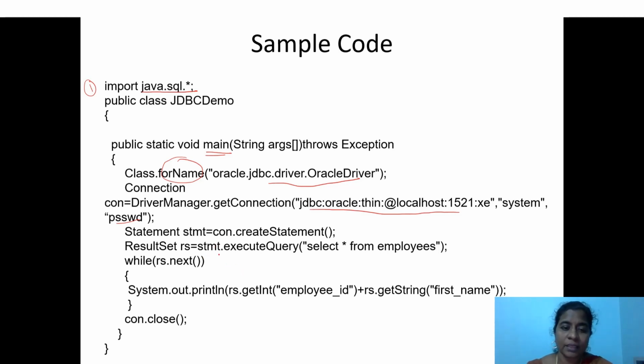For executing a particular query, the syntax is executeQuery, and whatever query you want to execute has to be mentioned within brackets, or you can define that SQL statement as a string and call that string here. While rs.next, the system will print each and every value. Whenever you say next, the next row will be printed until it reaches the end of the records.